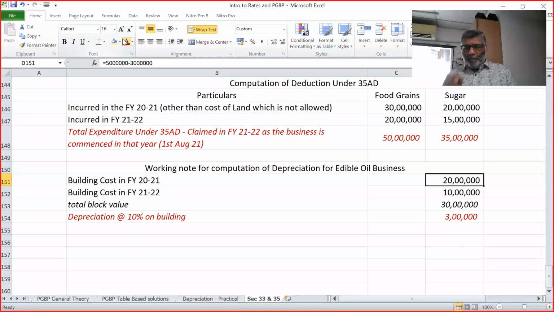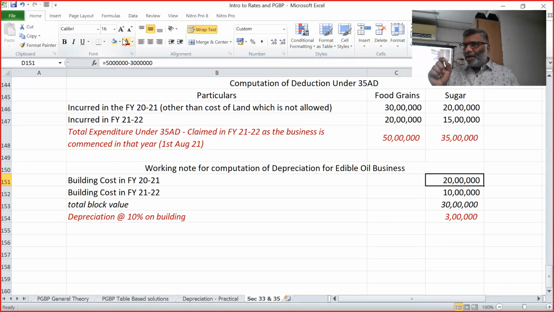Why am I not claiming depreciation for the financial year for this building? Opening WDV is not taken; I am taking the total building cost of 20 lakhs. Put to use, that's the answer. It was put to use only this year, 1st August. That is why I have not claimed 20 lakhs into 10% in the last year and taken 18 lakhs as the opening balance.